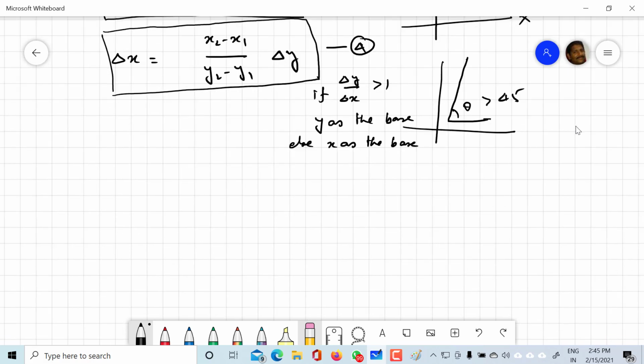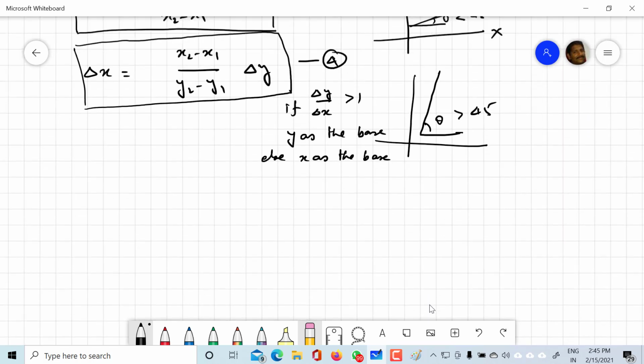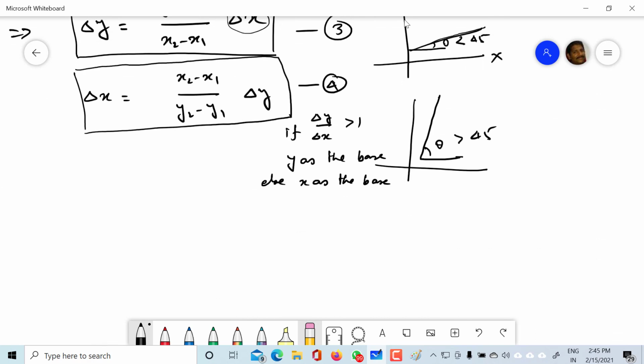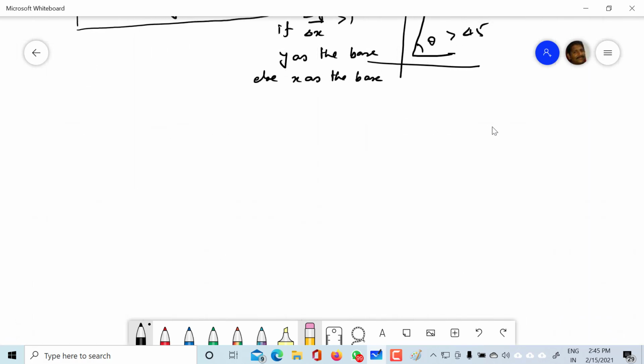Why are we doing so? If we take y as the base in this case and x as the base in this case, what will be the problem? See here, the problem will be accuracy.